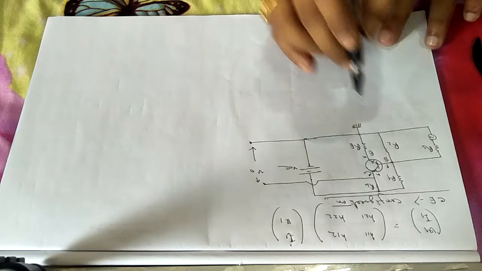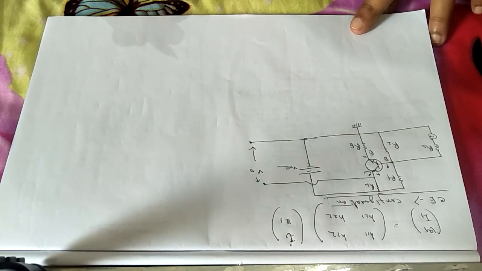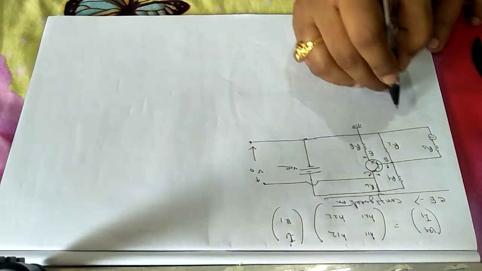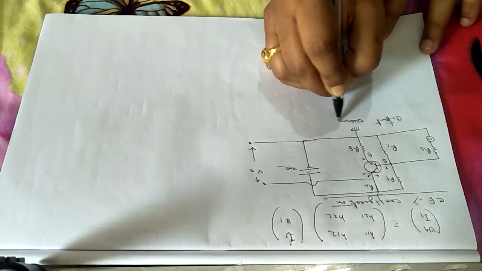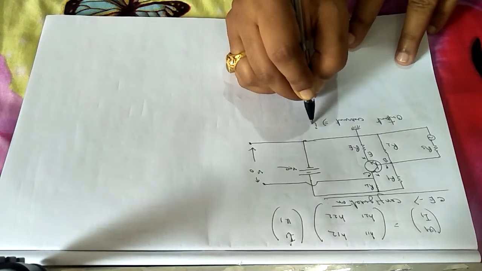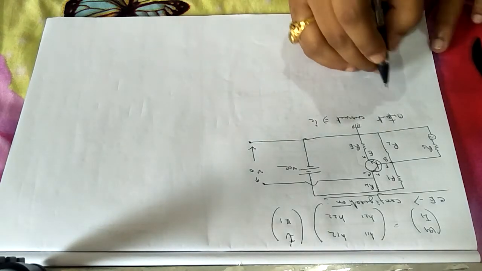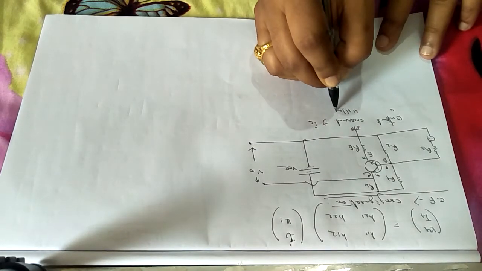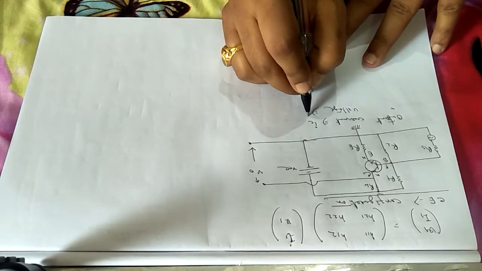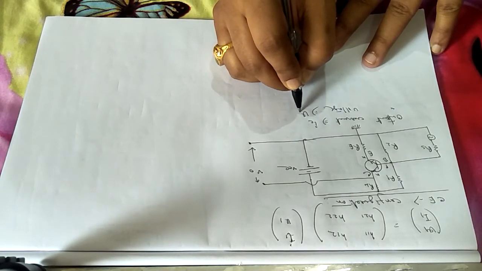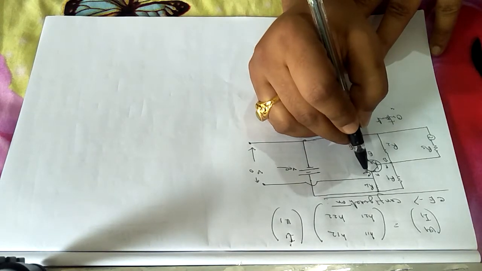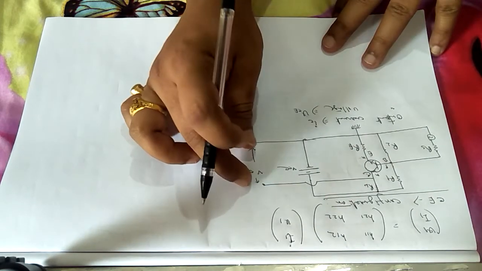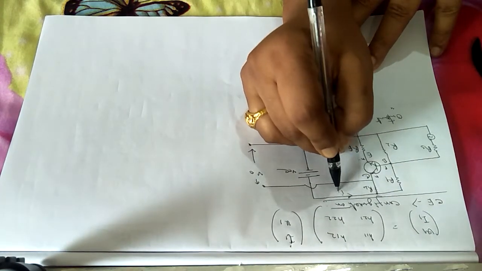In the self bias mode, what are the input parameters and what are the output parameters? I have made it a common emitter configuration. Remember, in common emitter configuration the output current is always IC, and the output voltage is VCE, between collector and emitter. The output current flowing through the collector terminal is IC.